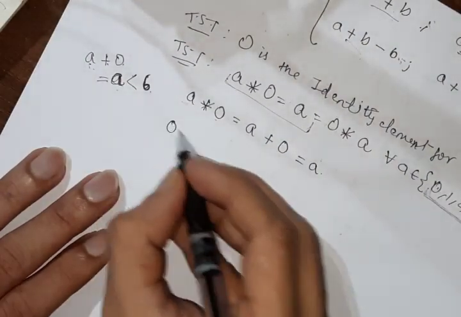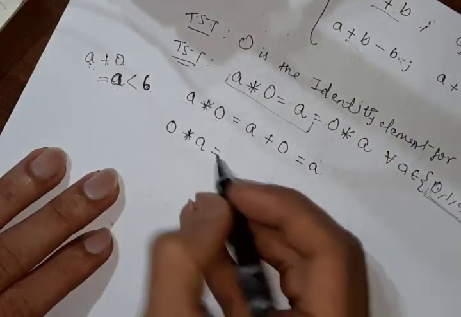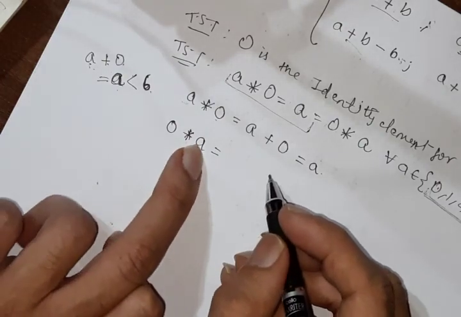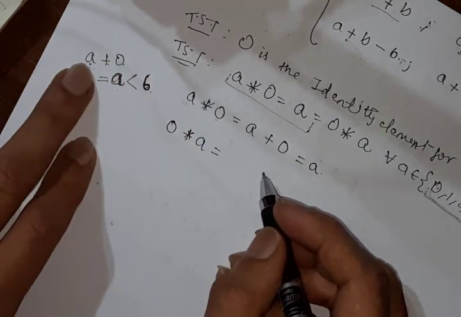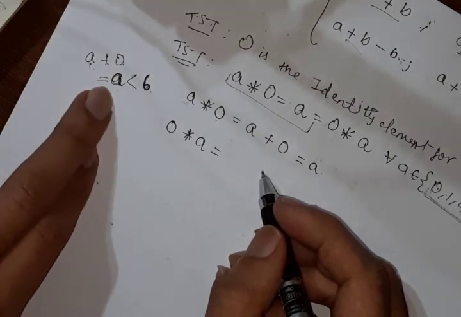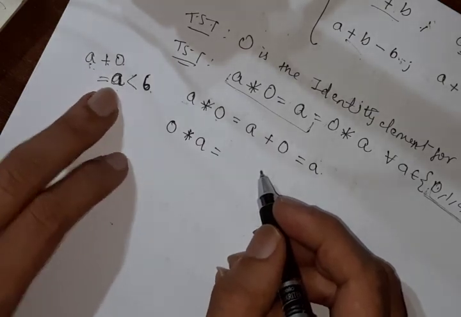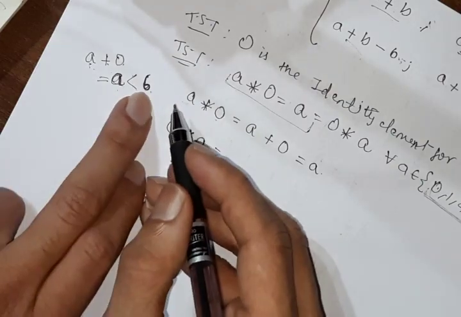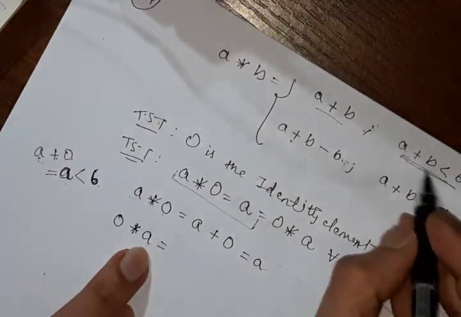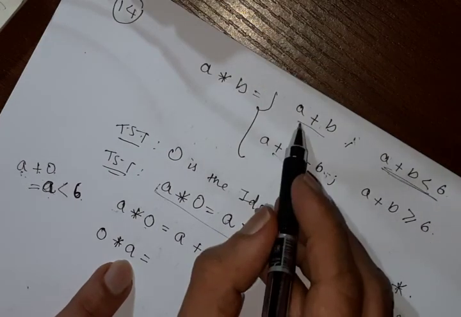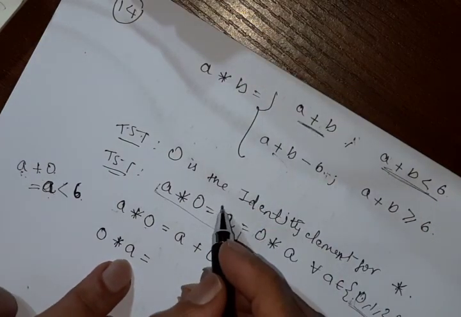Now if we check 0 star A, again we have to check the sum of 0 and A. So 0 plus A is equal to A, which is again less than 6. So again we get 0 plus A less than 6, so this definition applies.